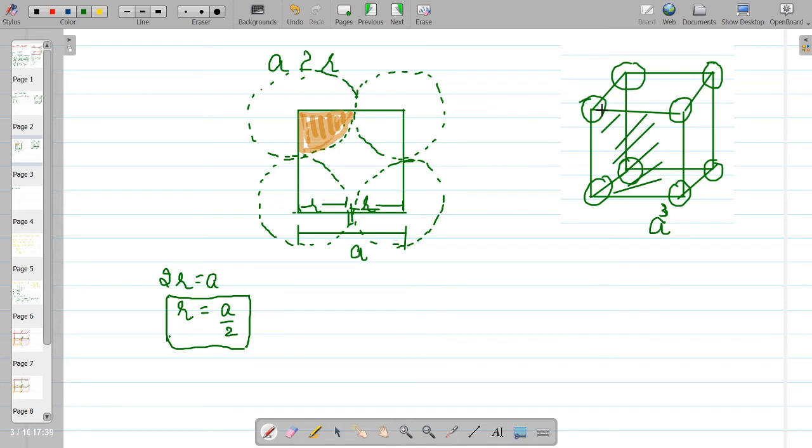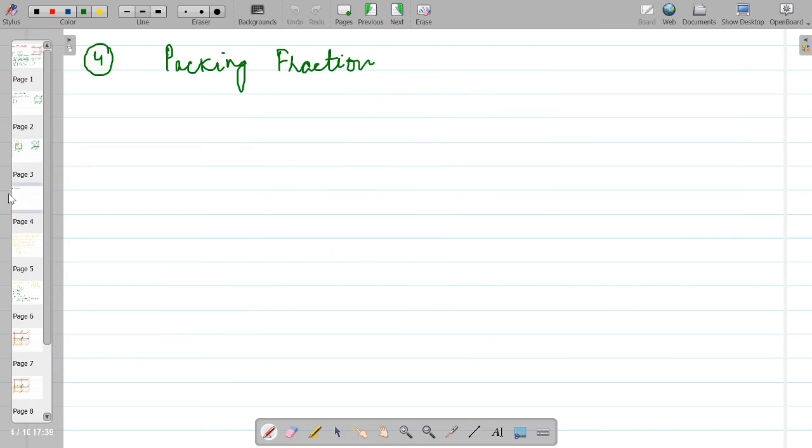और जो आप देख रहे हो कि यहाँ पे जो इन एटम्स ने इस वॉल्यूम को फिल किया हुआ है, this is very much less than the A cube. So the fraction of the volume that has been occupied by these atoms with respect to the volume of this complete cube, it is known as the packing fraction.